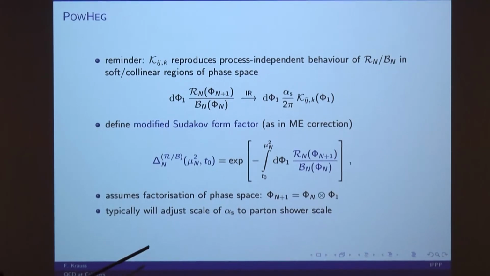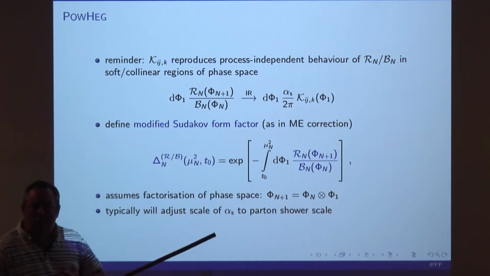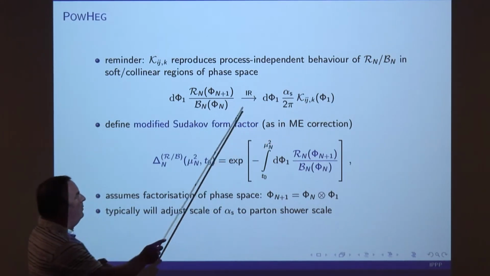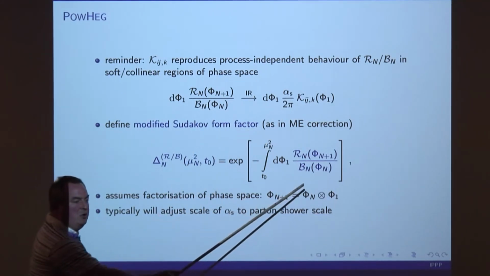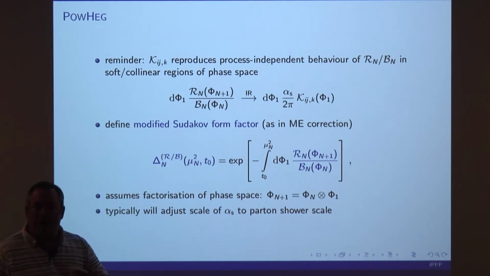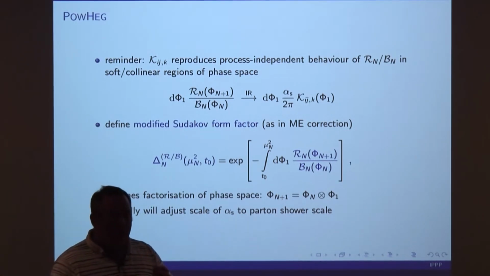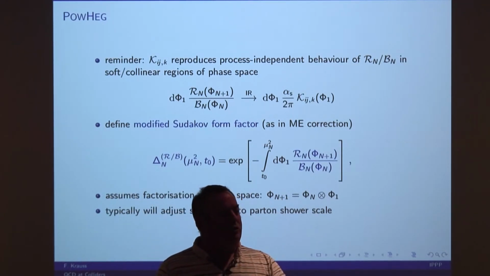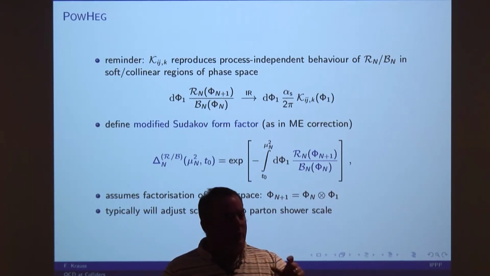So the first thing, and we already discussed this, is we replace the splitting kernels with R over B. And this gives us our pseudo-conform factor. And what POWHEG did was realize that they can do this for every process, not only for the 1 or 2 processes where R over B is smaller than 1. They just do it for every process.